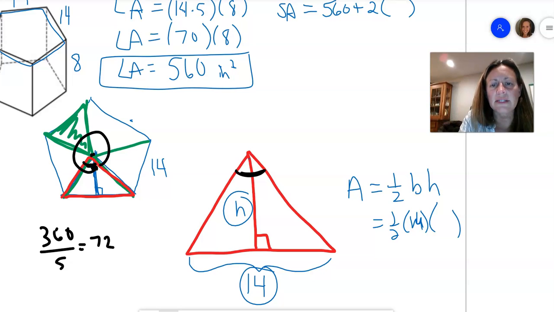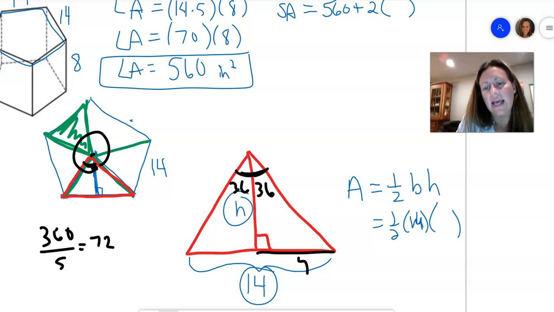Okay, that means that one of these little parts is 36, right? Half of 72. Now with that number, and knowing that this part is 7 because it's half of the bottom of this big triangle, now I can look at this as a right triangle and I can use trigonometry to calculate this right here.